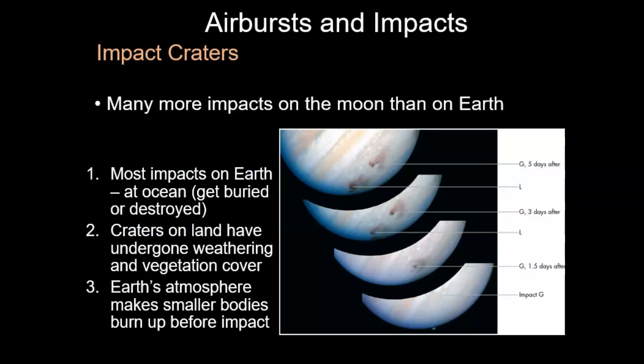All right, so with remote sensing techniques, there have been studies that have been done on impact craters on the moon and also on Mars. These two bodies are much more commonly exposed to impacts, especially the moon, for three main reasons.